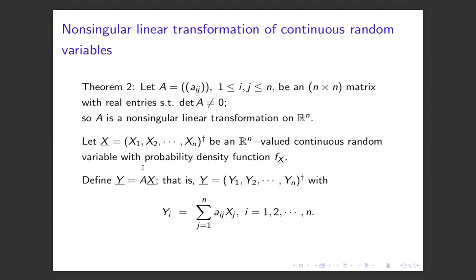Whenever we talk about a vector random variable, invariably we treat it as a column vector. This is a convention we generally make, so that one can talk about the transformation as A applied to X, or rather A multiplied with X, as a matrix multiplication.